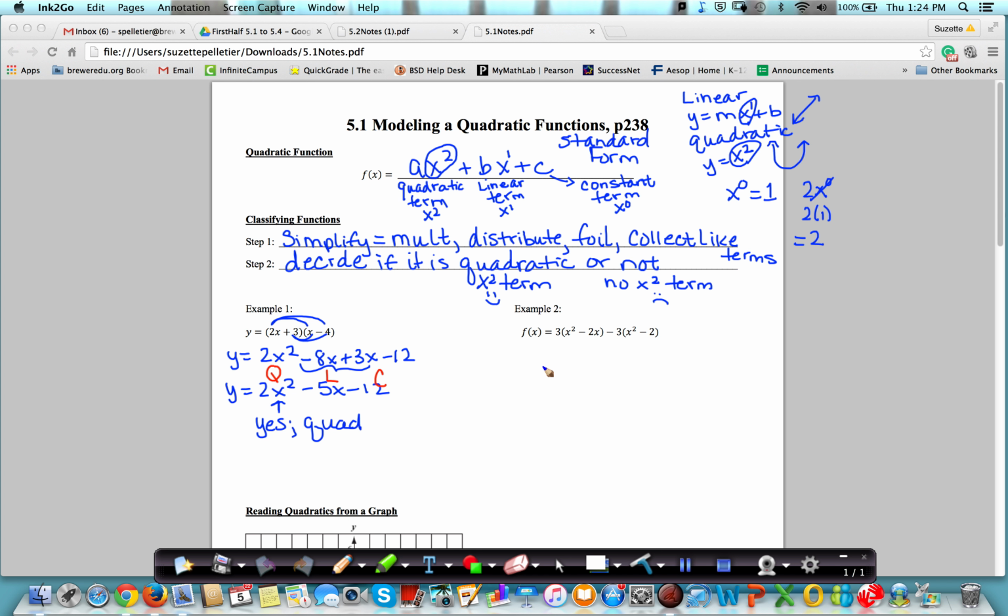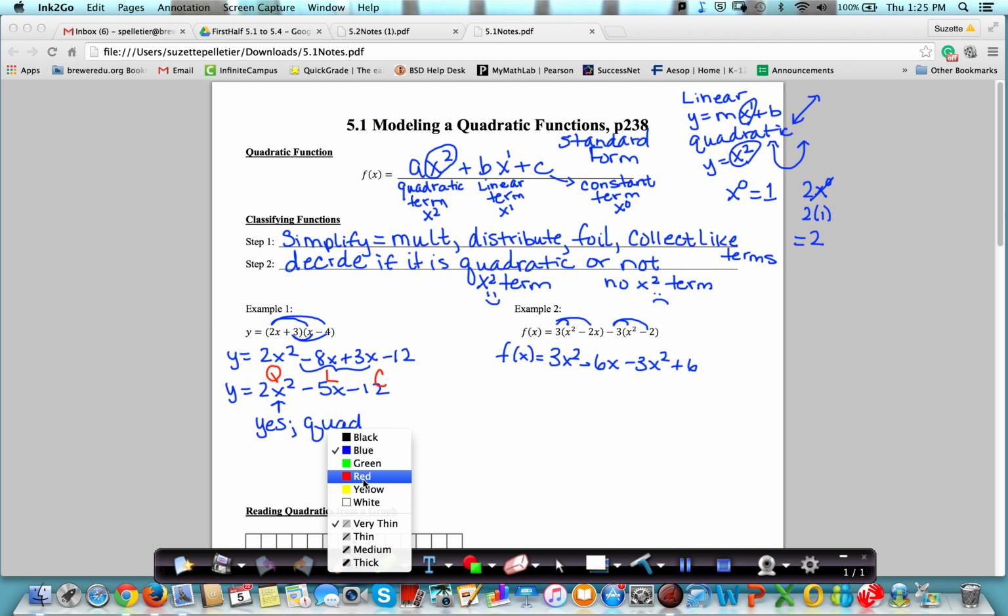Okay, example 2, distribute the 3. So f of x equals 3x squared minus 6x. And now I'm distributing negative 3, so negative 3x squared. And negative 3 times negative 2 is positive 6. Combine like terms. If you look carefully, you see that the like terms, positive 3x squared and negative 3x squared, cancel.